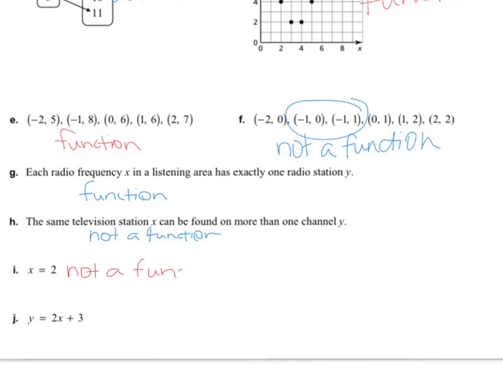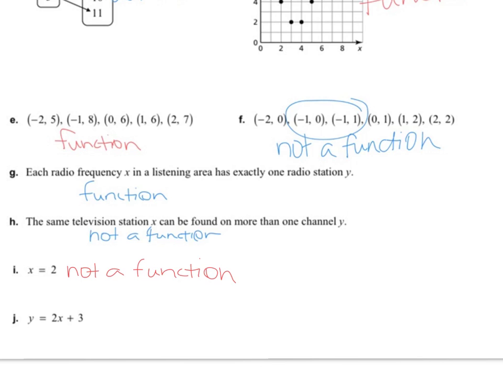Now, if you see Y equals a number, that one would be a function, because the Y values can all be the same, and the graph would be a horizontal line. Okay, so the Y values, the outputs are all the same. That can happen. We can have a repeating output, just not a repeating input.